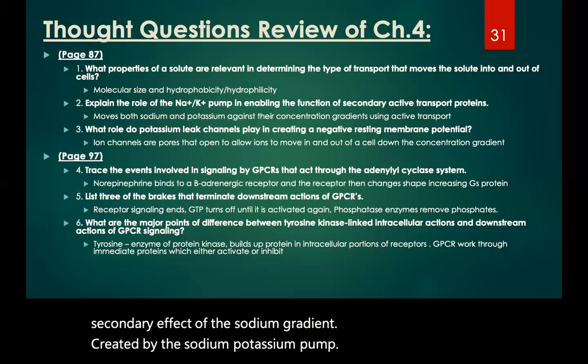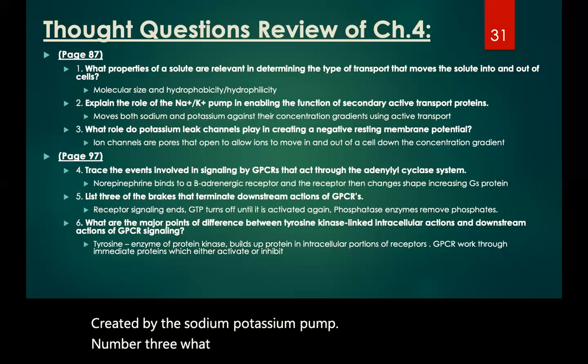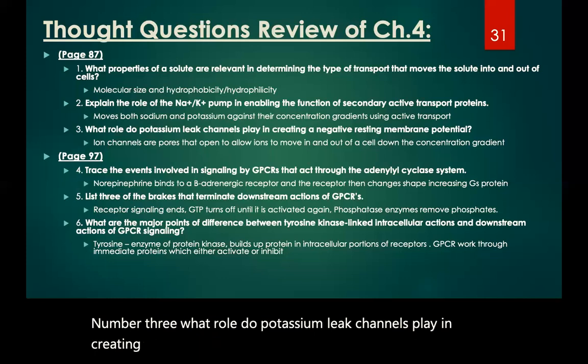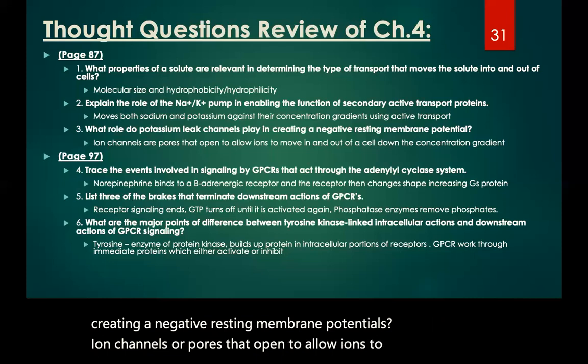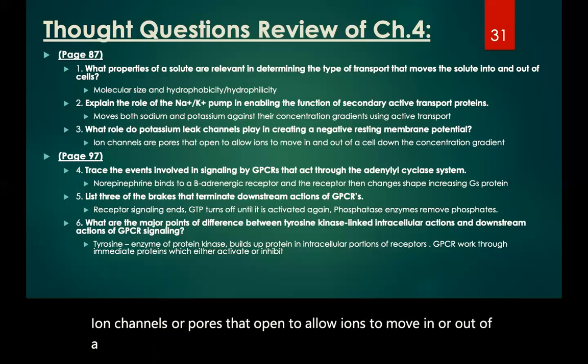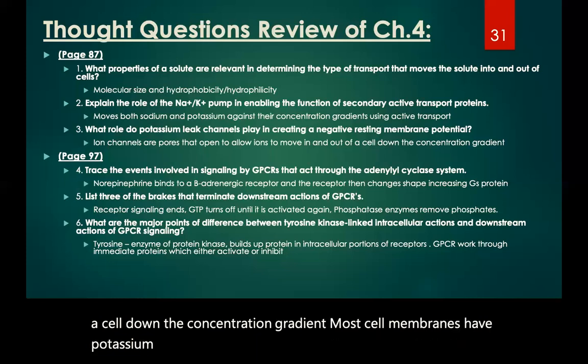Number 3, what role do potassium leak channels play in creating a negative resting membrane potential? Ion channels are pores that open to allow ions to move in or out of a cell down the concentration gradient. Most cell membranes have potassium leak channels that allow potassium to freely diffuse across the membrane.